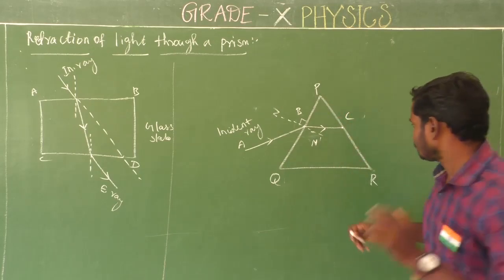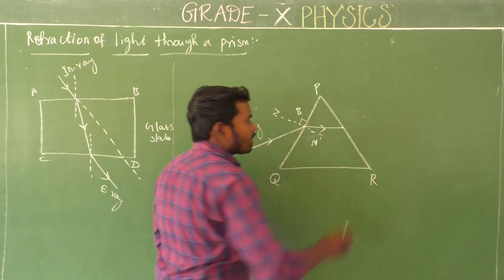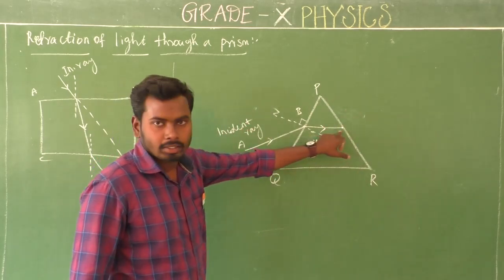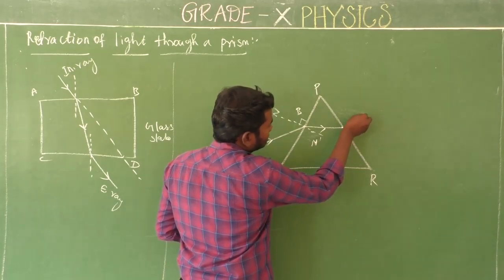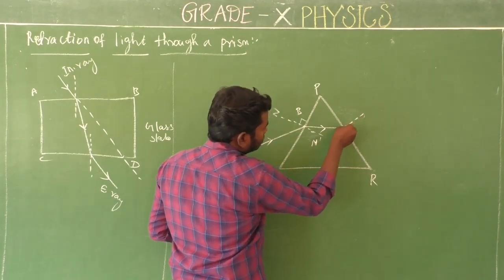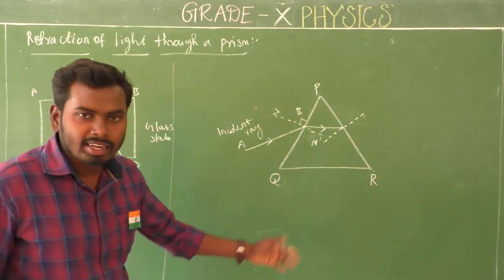So draw the normal line along this point, like this. Yes, that is the normal. Can you see clearly?